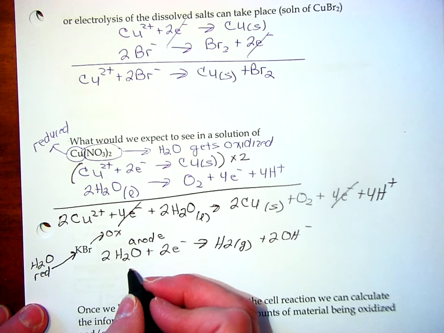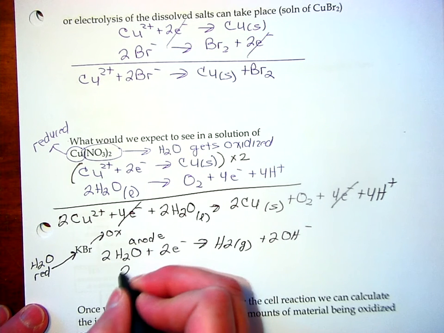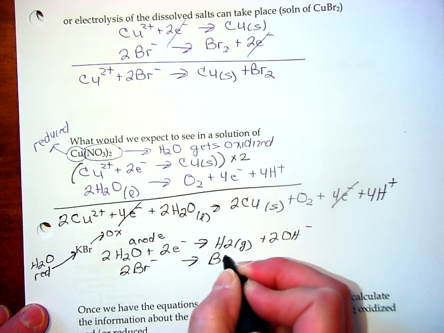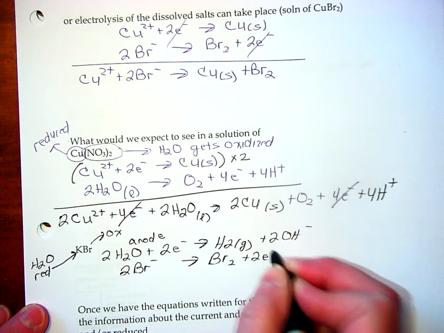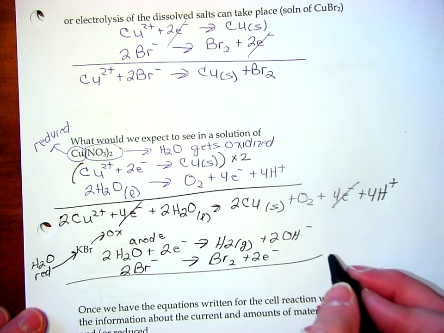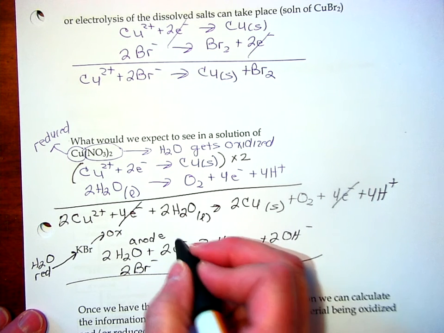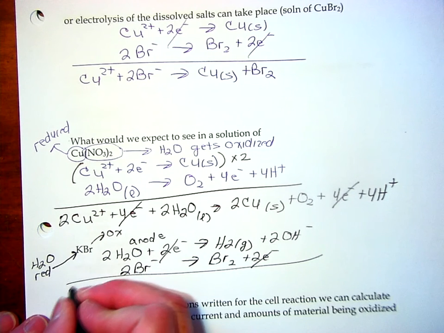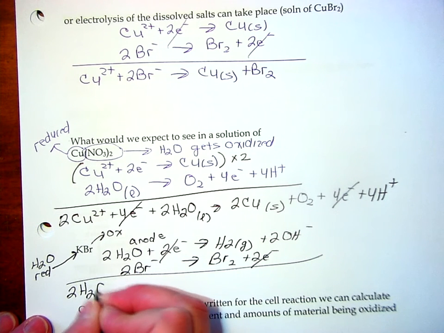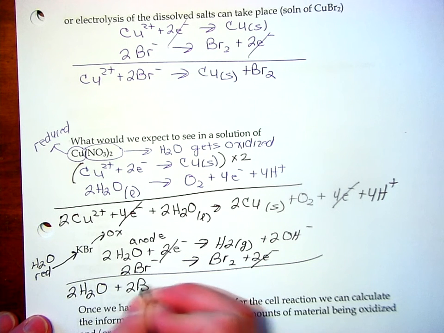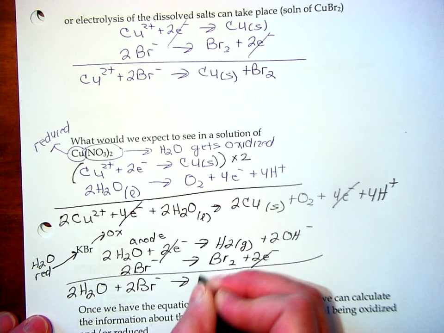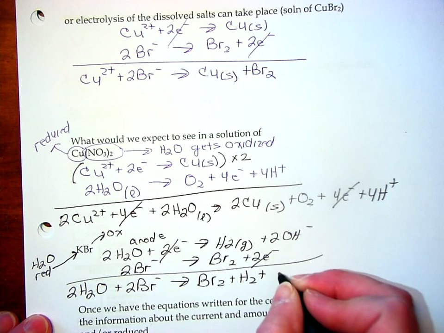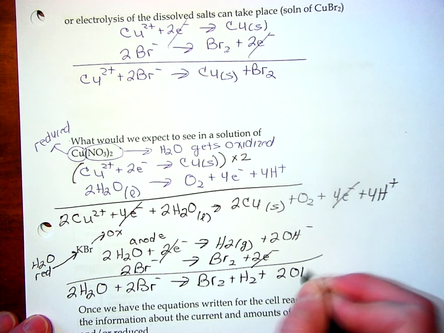And at the anode, where we have the bromide getting oxidized, we have 2 bromides yields bromine, which is diatomic, plus 2 electrons. I don't need to do any multiplication. I can just add these together because the 2 electrons cancel out from each side. So I get 2 water plus 2 bromide yields bromine plus hydrogen plus 2 hydroxides.